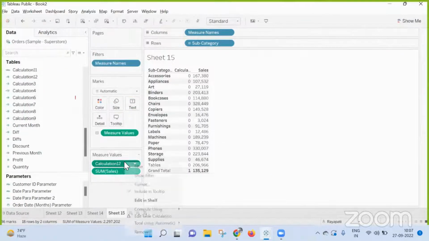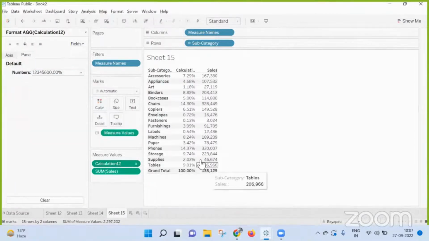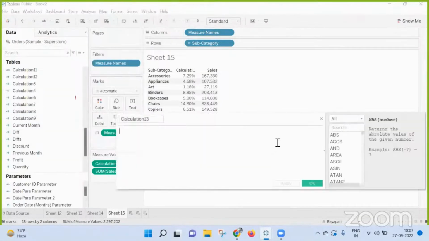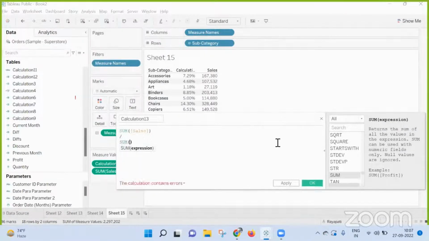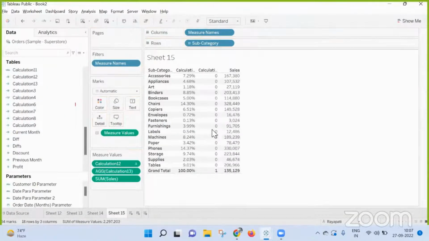We converted this into a format and this into a percentage. Now you're saying here you want 100%. So let me write another calculation.